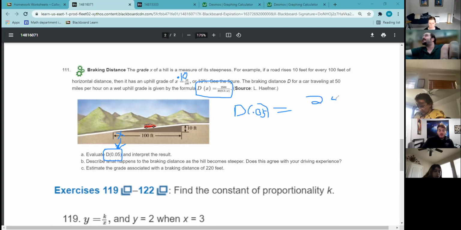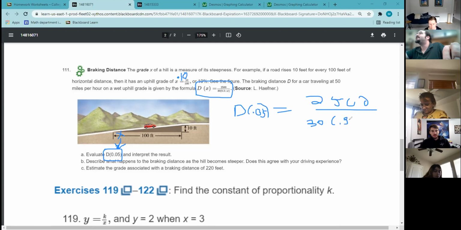So I'm going to put 2,500 on top. Let's figure it out right quick. Over 30 times 0.3 plus 5 times 0.05. I'm going to do this by typing it in.